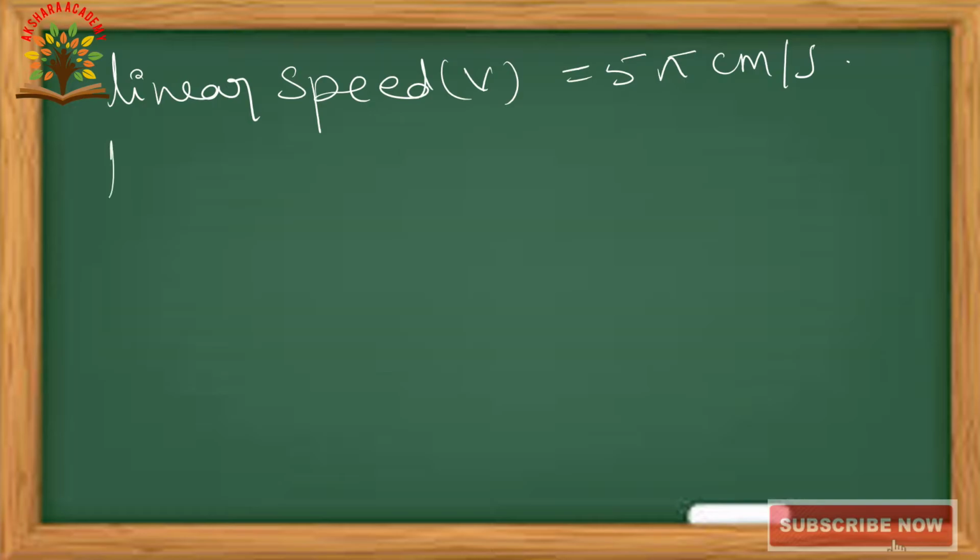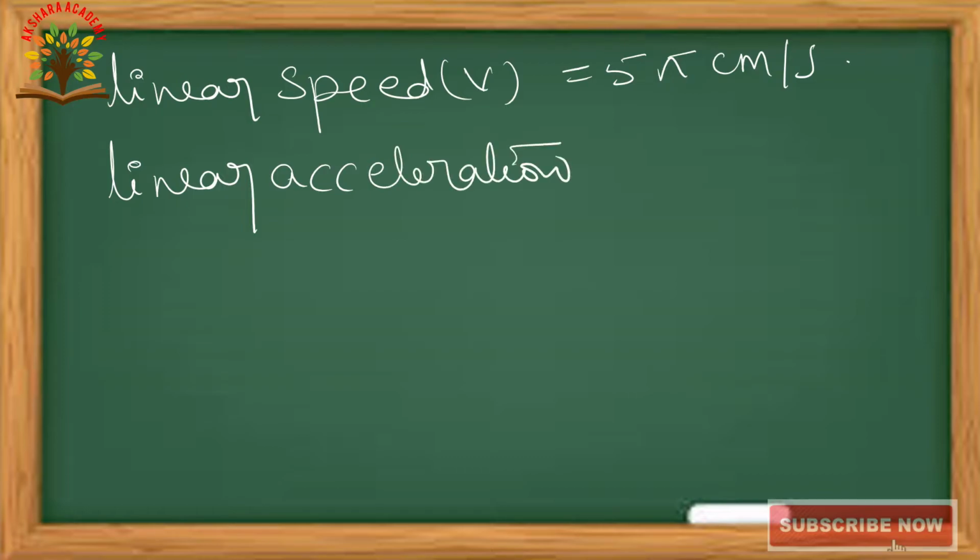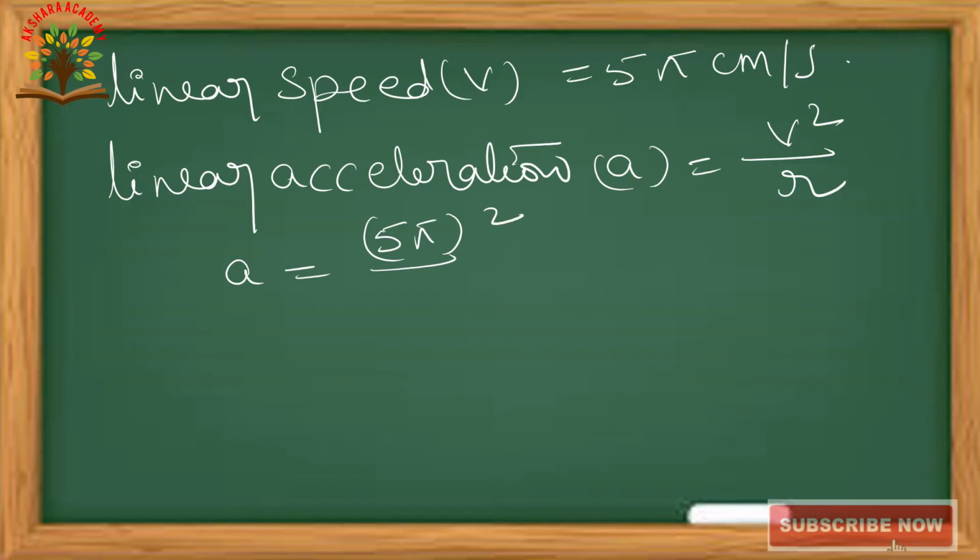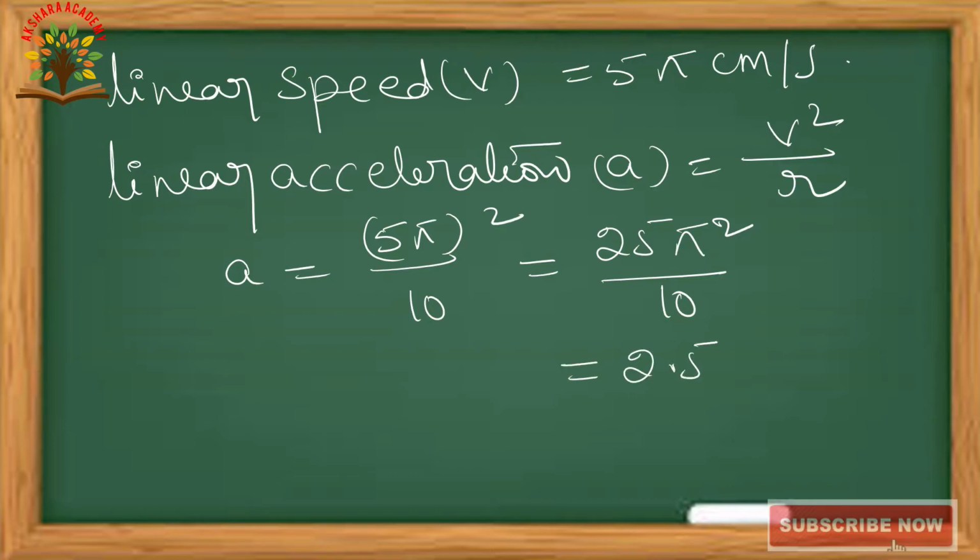Now we are finding the linear acceleration. Linear acceleration a is equal to, formula, v square by r. Substituting the value, a is equal to 5 pi whole square by r, which is given as 10. 5 pi whole square is 25 pi square by 10. 25 by 10 in decimal representation is 2.5, so we are getting 2.5 pi square centimeter per second square.